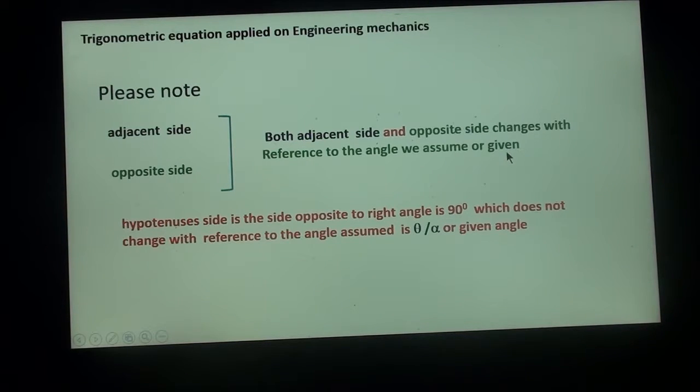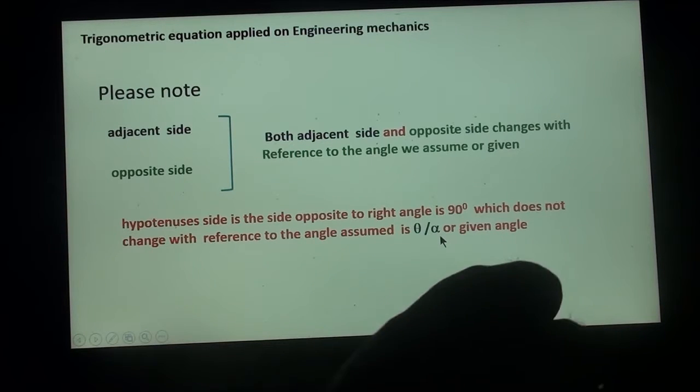The hypotenuse, the side opposite to the right angle of 90 degrees, does not change with reference to the angle assumed, either theta or alpha, or any angle we assume.